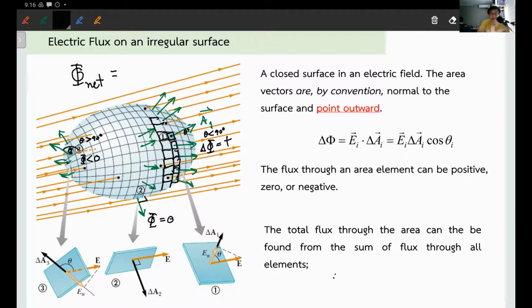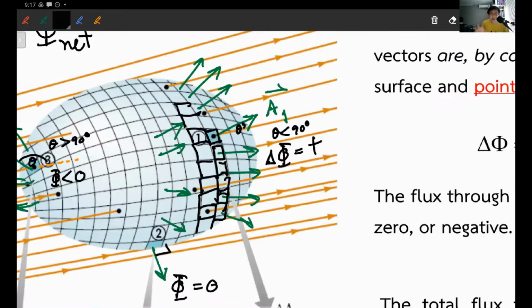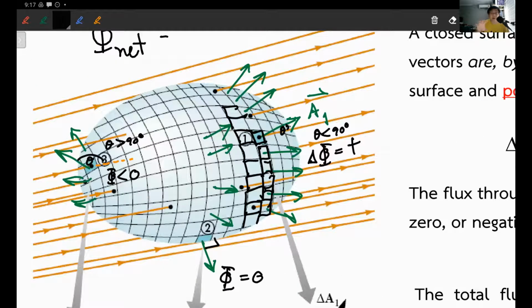If this figure does not represent an electric field, let's say it represents a stream of water, so those orange lines give you the sense that there is a water flow. And the balloon is maybe like a tank where you want to keep some water.